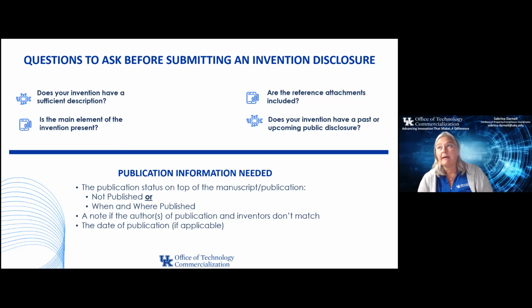Make sure all those attachments are attached when you're submitting, because those attachments also get reported along with your invention disclosure. And once again, don't forget any public disclosures that have happened.